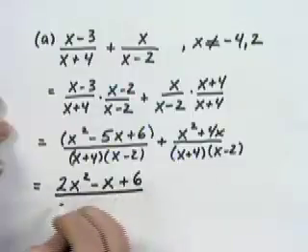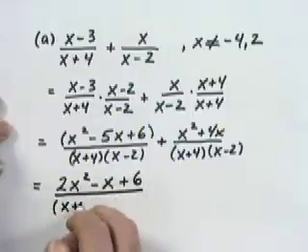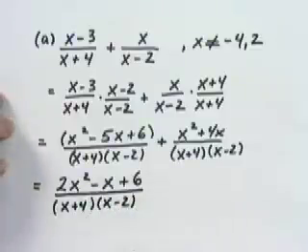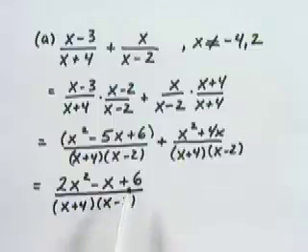And this is divided by x plus 4 times x minus 2. The remaining step is to identify whether or not the numerator can be factored. After trying to factor this, you'll find out that you'll be completely unsuccessful, meaning that 2x squared minus x plus 6 is prime, so our result is complete.